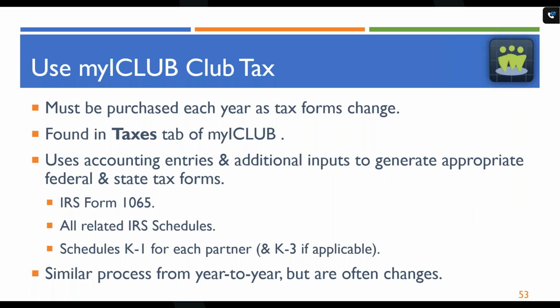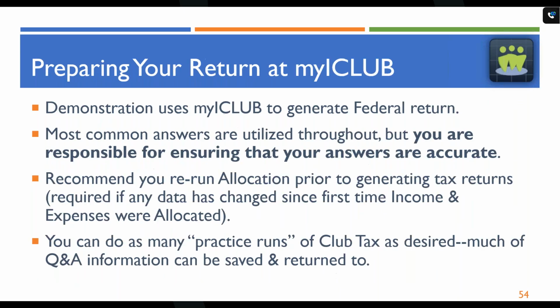So preparing a return, we're going to demonstrate using the Club Tax federal return for a general partnership to generate a federal return. We're going to use the most common answers throughout. Obviously, it's your responsibility to make sure the answers are accurate. They may not match exactly every response to every question in this demonstration.